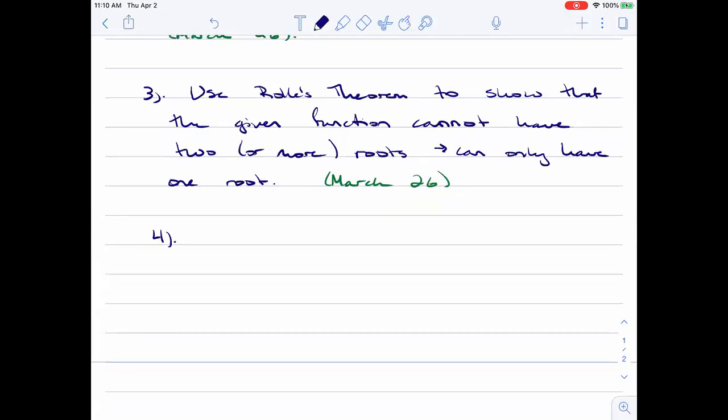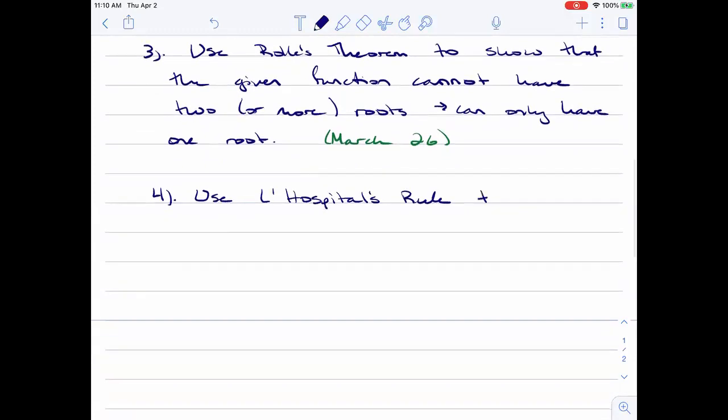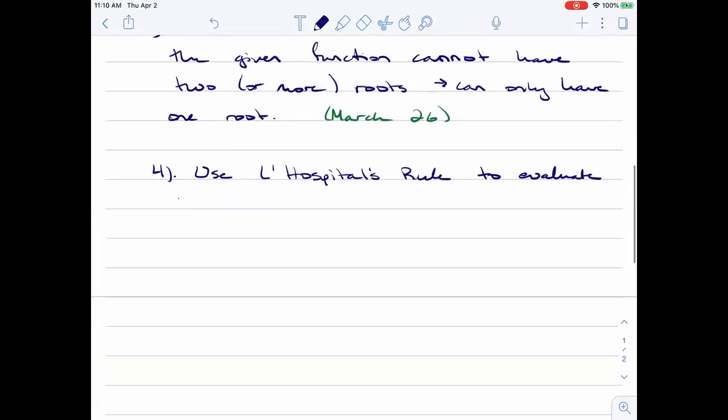Fourth question, you're going to use L'Hopital's rule to evaluate two limits, right? You have to state the indeterminate form, but in general, use L'Hopital's rule to evaluate two limits.